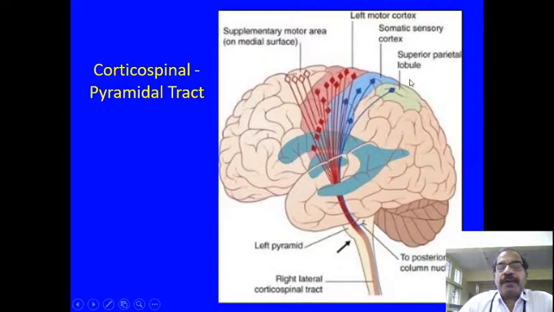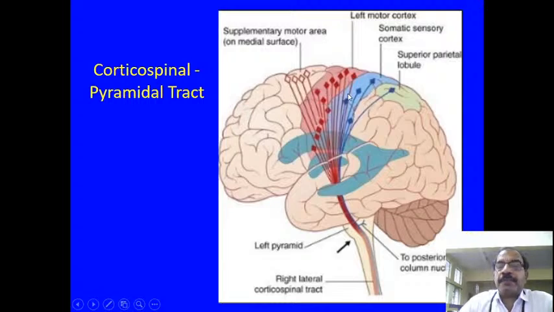Another part of the frontal lobe is the motor function of the brain. One important part of the motor system is the motor neurons. These motor neurons are situated not only in the precentral motor cortex, which is the primary motor cortex. It contains motor neurons, but motor neurons are not present only here.